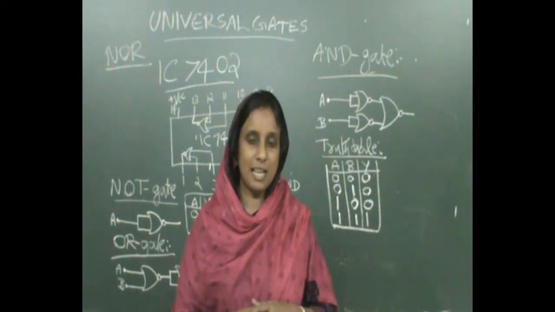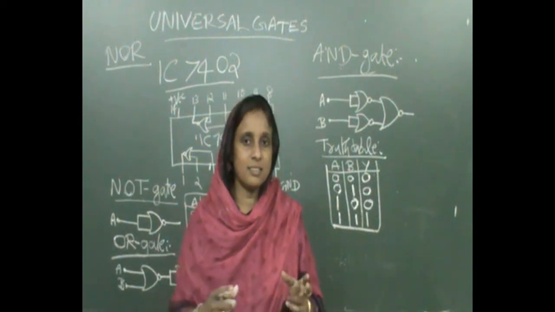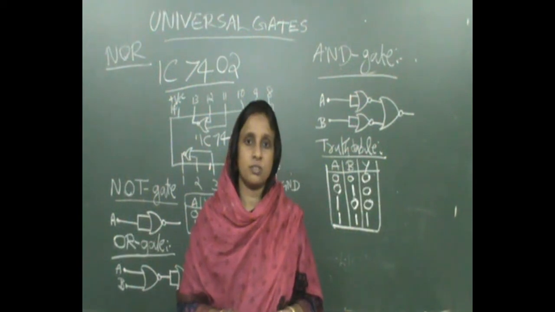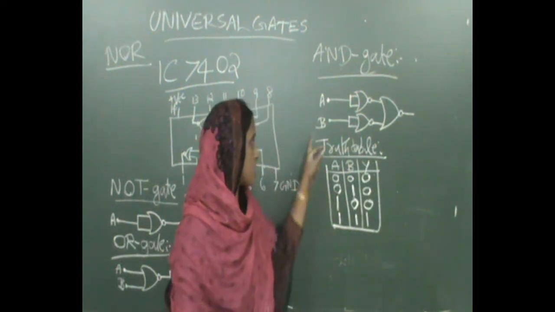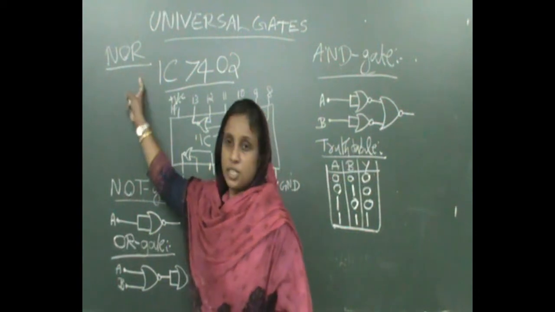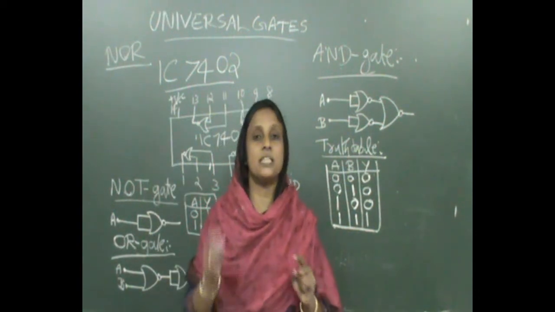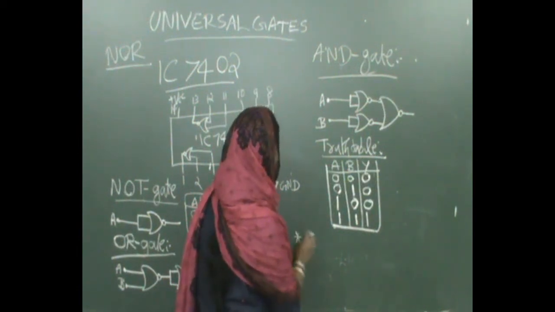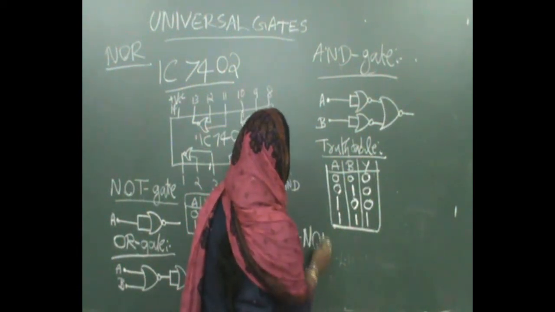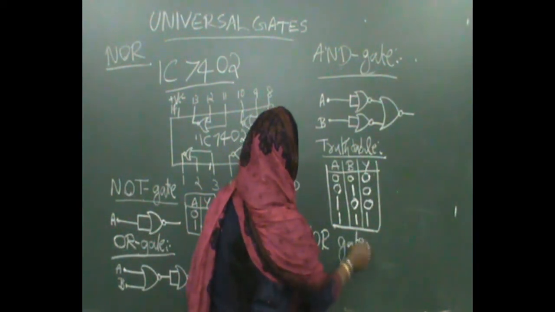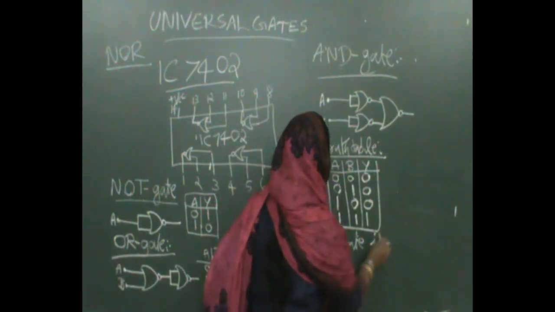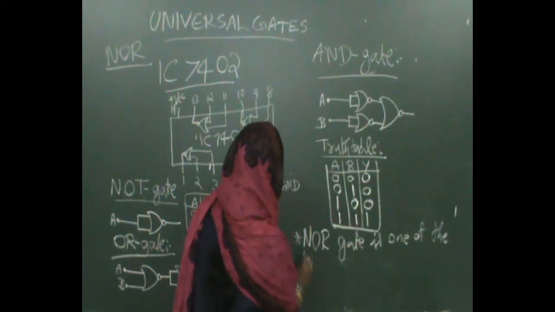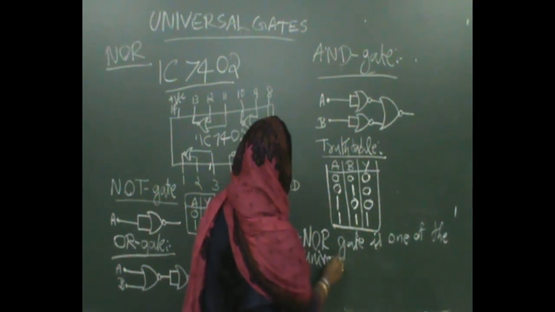That means you can construct any fundamental gate, AND, OR or NOT, by simply using NOR gates. So the NOR gate is a universal gate.